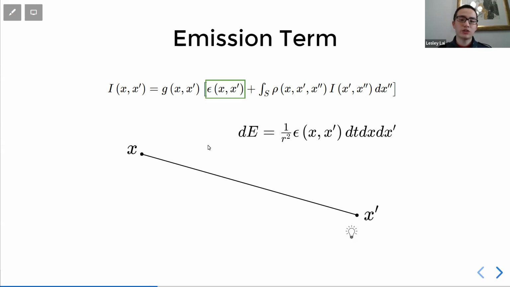And the energy contribution of the emission term, if it is not occluded and if it is a light source, is just the geometry term times the emission term, and the emission term is per unit time, and also per surface area of the source point and per surface area of the destination point.